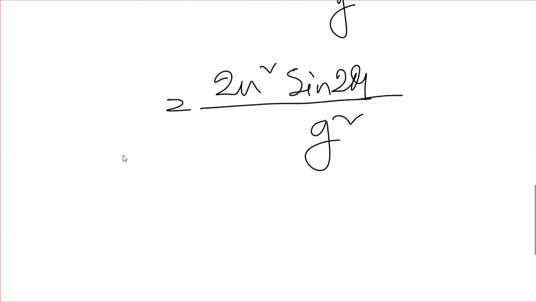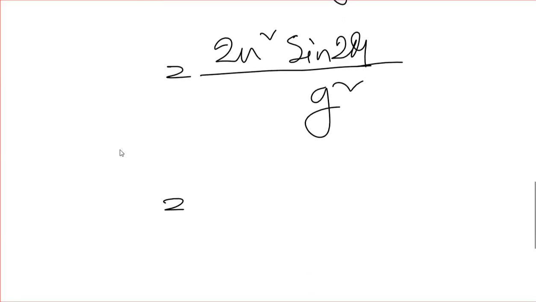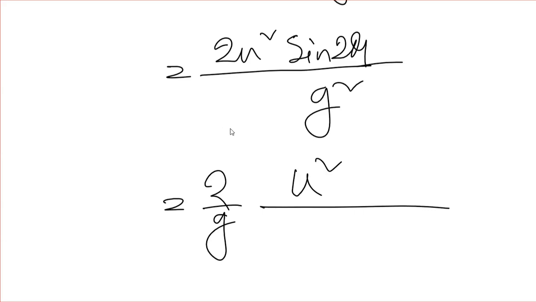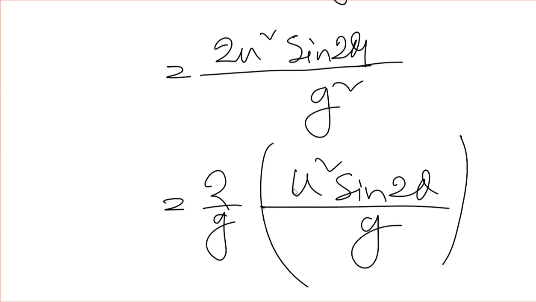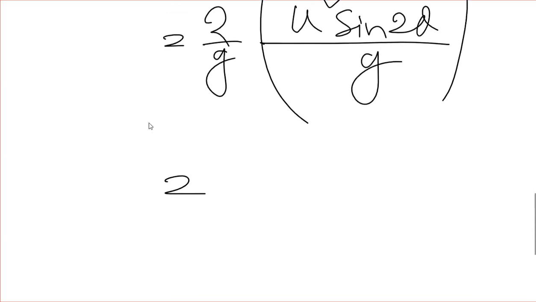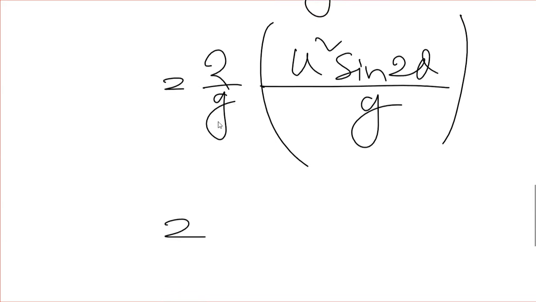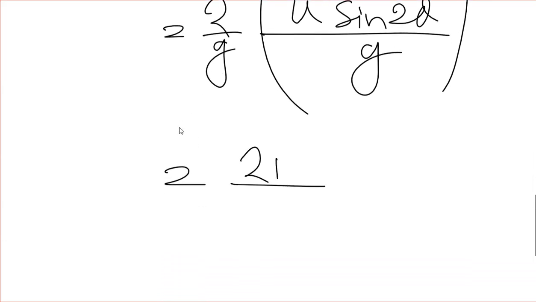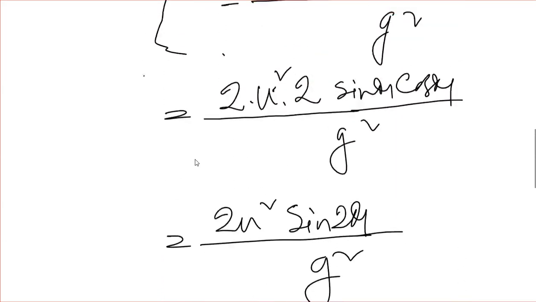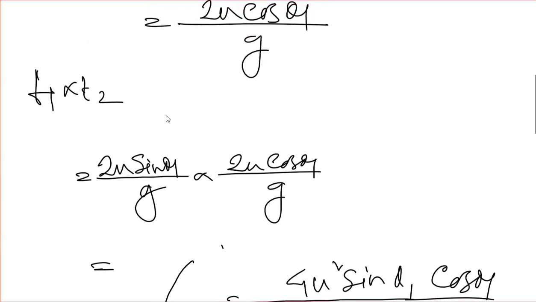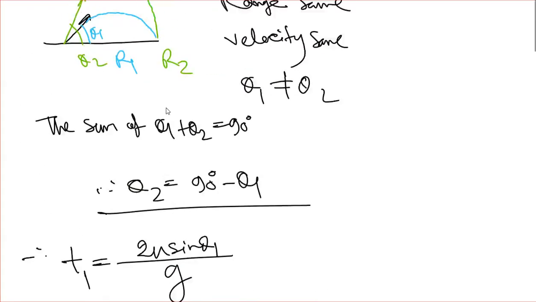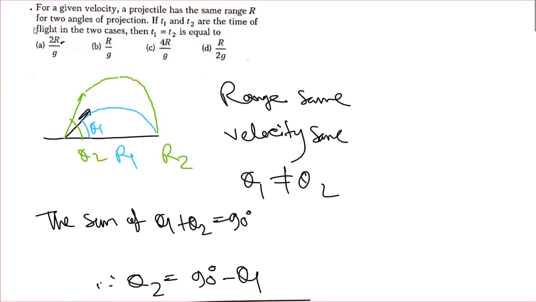So 2 by g into u square sin 2 theta divided by g, this part will be R. As we know the formula of R is u square sin 2 theta by g, so it will be 2R by g. So t1 into t2, the relation will be 2R by g, so option A will be correct.